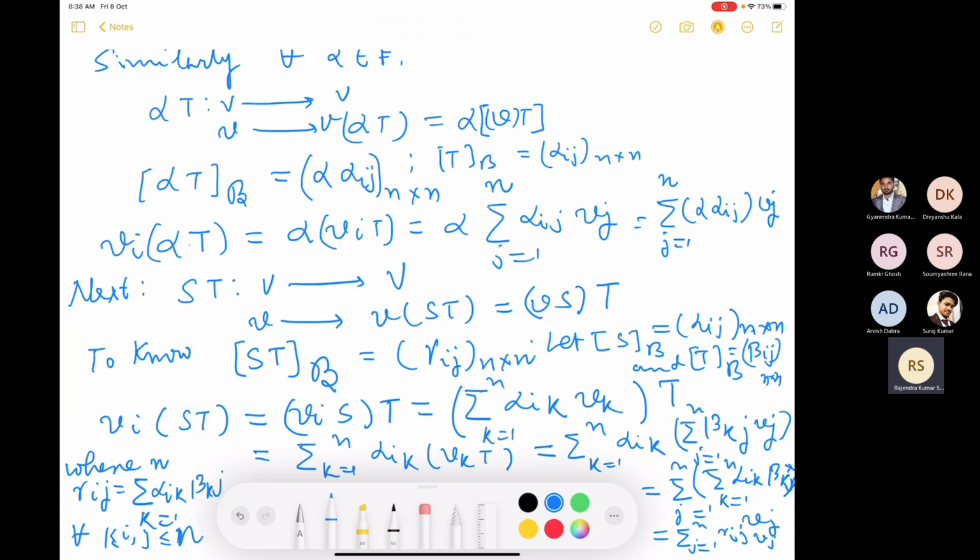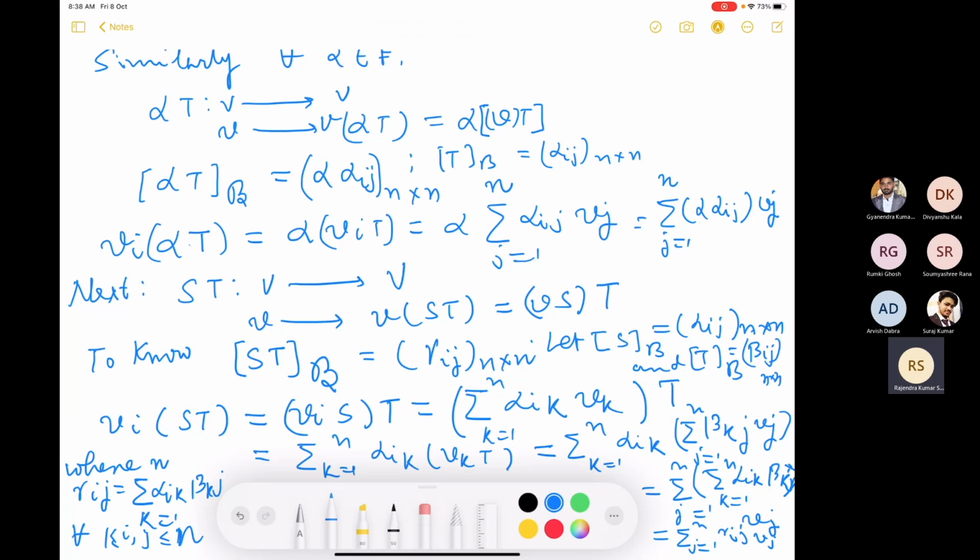And since the composition of mappings is associative, both will give you that the matrix of STU and the matrix of STU are the same. So this is for you to observe.